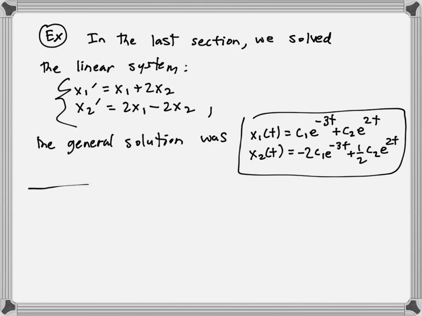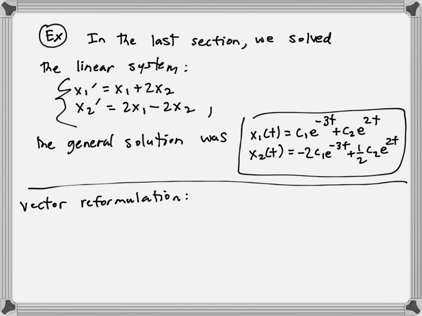So we're going to do a vector reformulation of this. Okay, so what we're going to do is rewrite it this way. X prime of t is equal to the matrix 1, 2, 2, negative 2 times x of t.